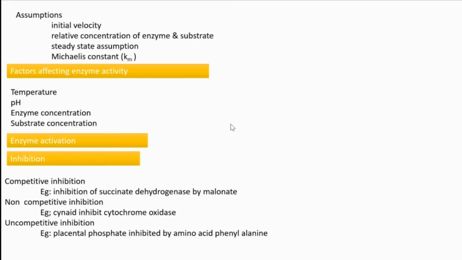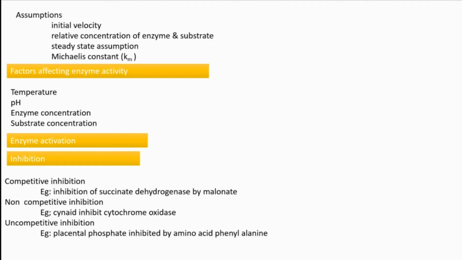Next, some assumptions we got from the Michaelis-Menten rate equation. Initial velocity means the velocity at the point of time where no product is formed. It is the velocity of that reaction at the beginning stage.